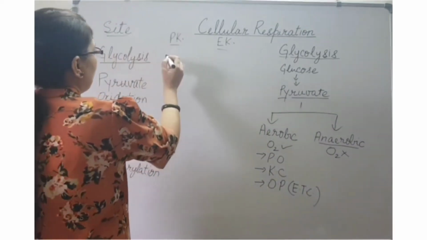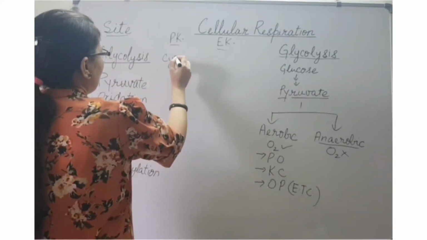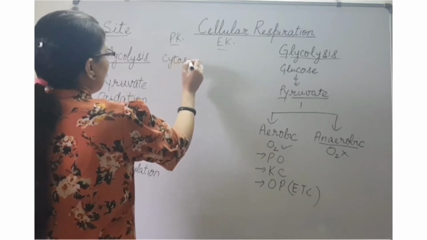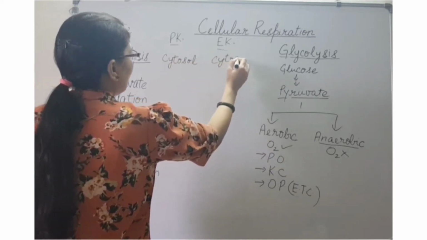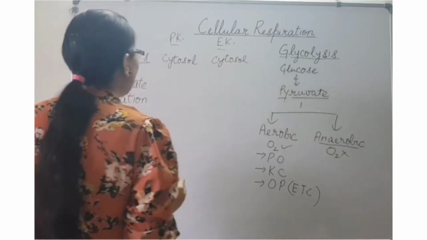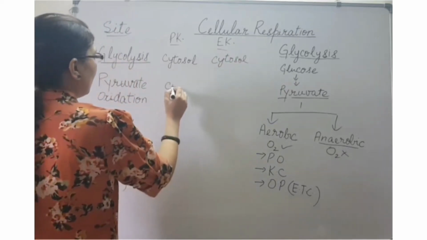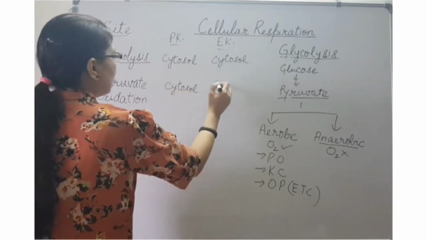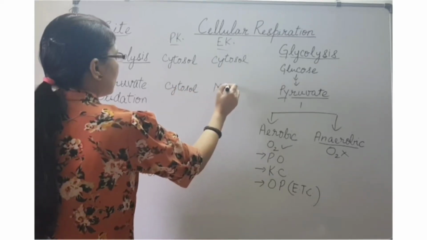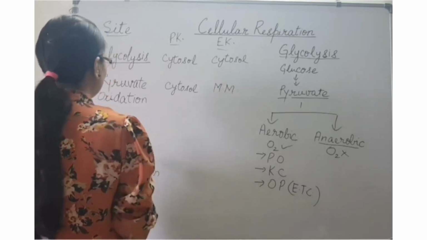Now the site. Glycolysis takes place in the cytosol, both in prokaryotes and eukaryotes. Pyruvate oxidation, in prokaryotes it takes place in the cytosol, and in eukaryotes it takes place in the mitochondrial matrix.